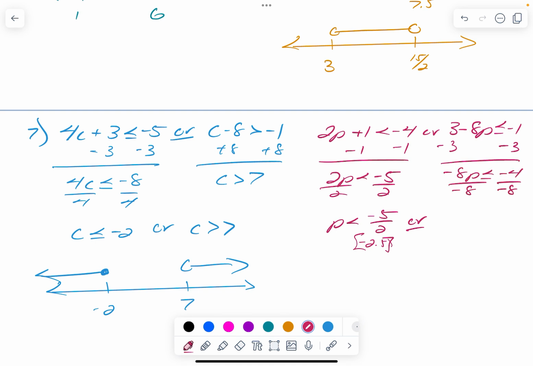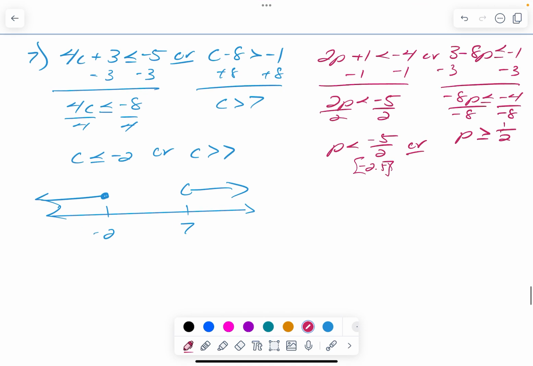Dividing both sides by -8, don't forget, greater than or equal to, and this is 1/2. So when we graph, -5 halves, 1/2, and there we go.